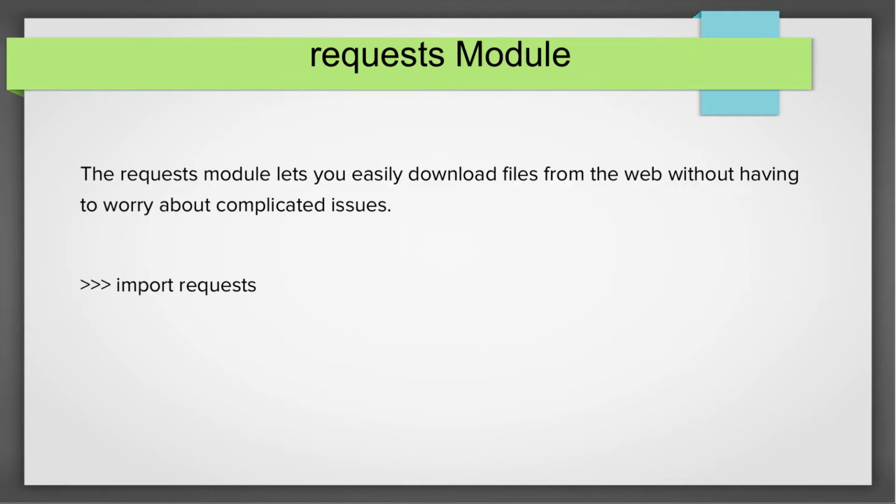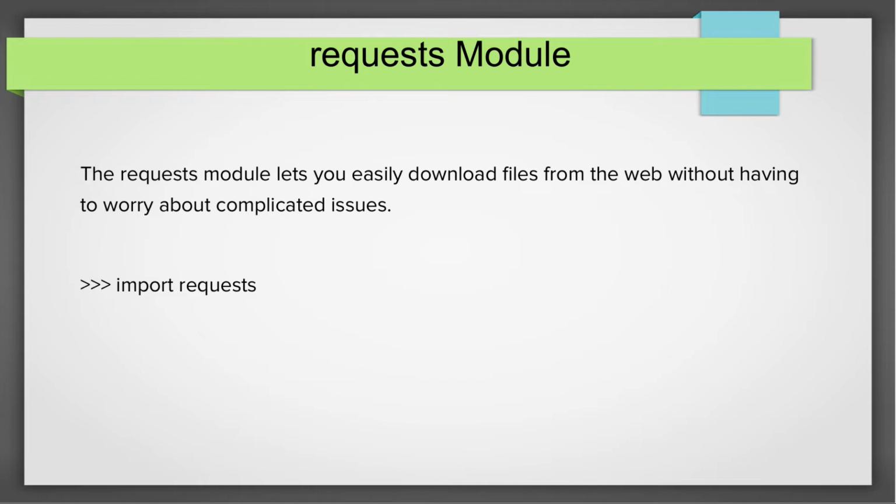The requests module lets you easily download files from the web without having to worry about complicated issues such as network errors, connection problems, and data compression. The requests module doesn't come with Python, so you'll have to install it first using pip install.